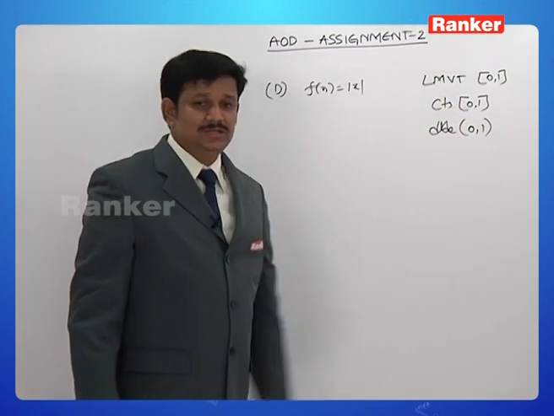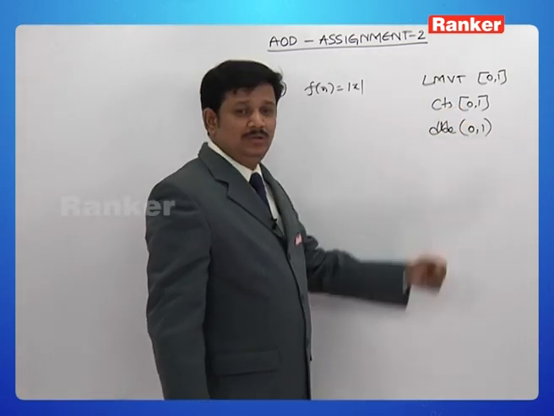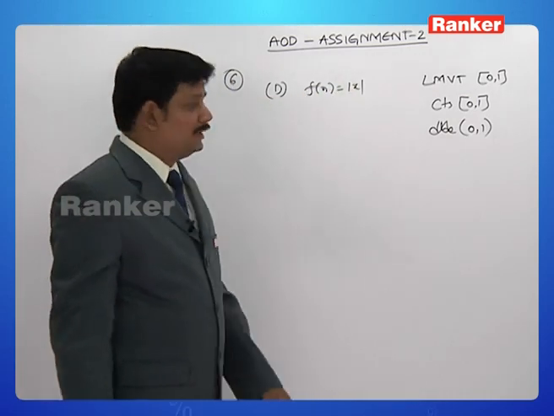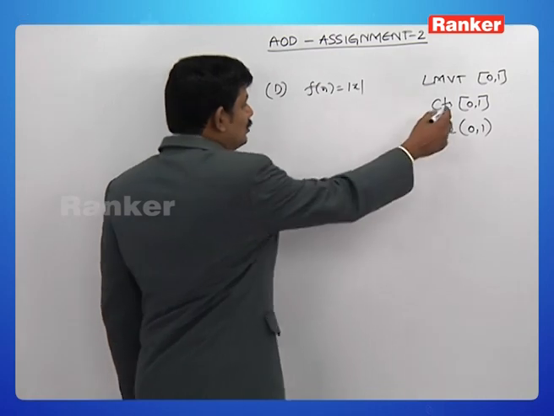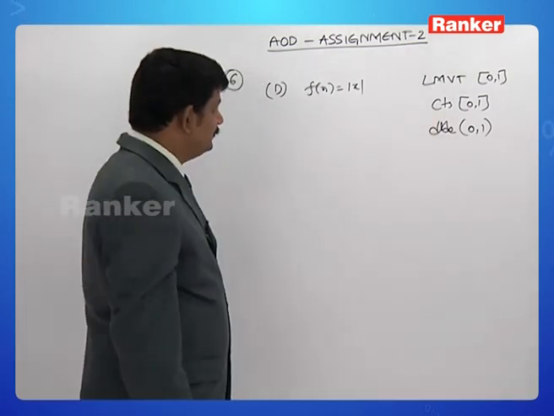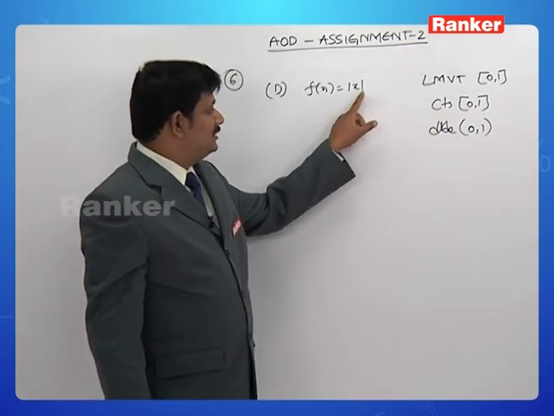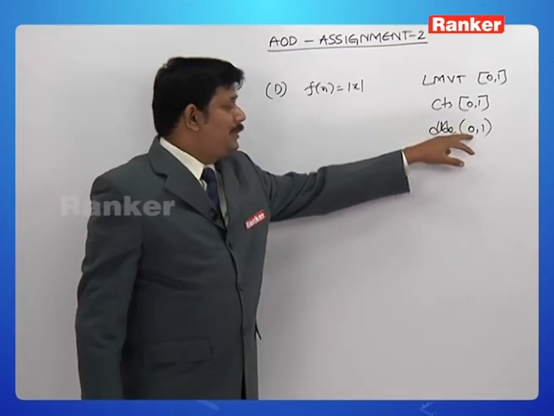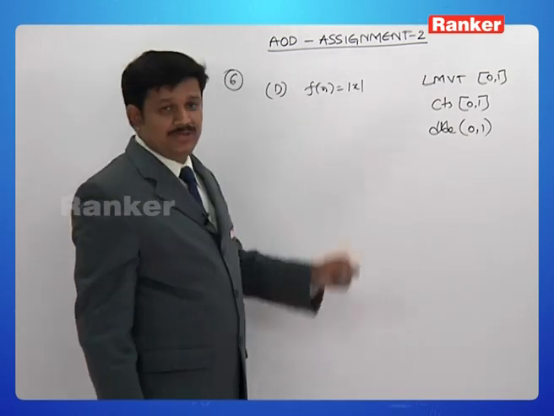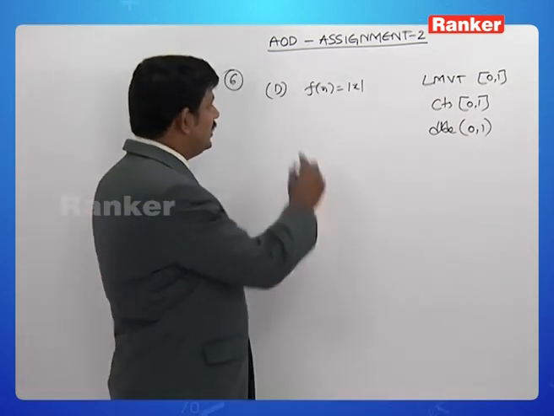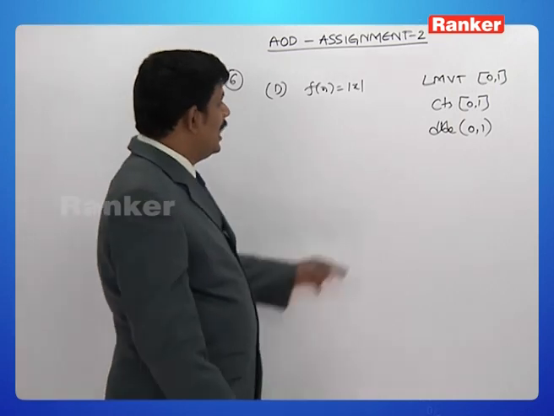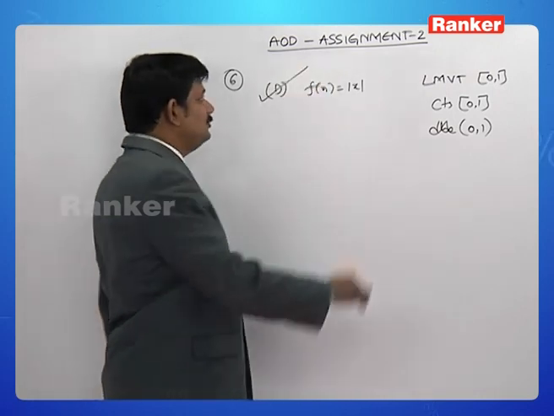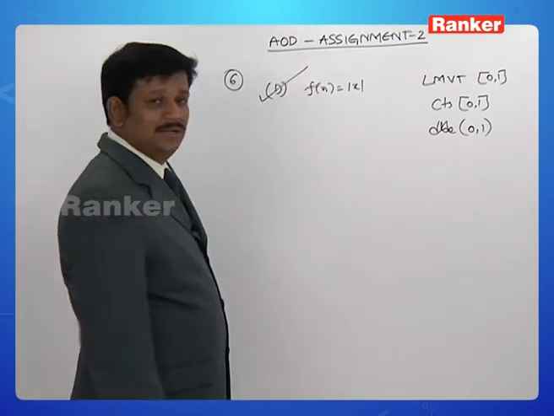Now, let us look at the function f of x is equal to mod x. Mod x is continuous on R, and mod x is not differentiable only at 0. So, in the open interval 0 to 1, it is very much differentiable. So, mod x is both continuous in closed 0 to 1 as well as differentiable in open 0 to 1. So, LMVT, Lagrange's mean value theorem, can be applied on option D.